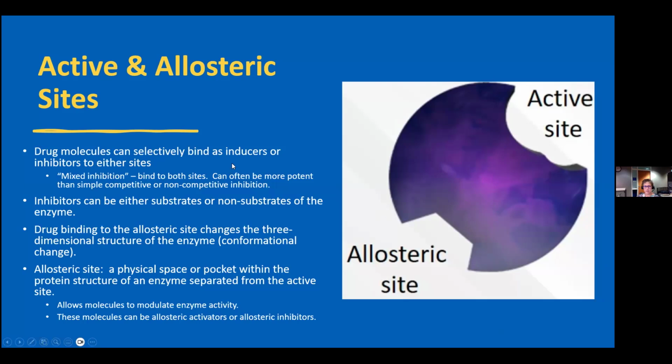So with drug-drug interactions through inducers or inhibitors, they can bind to either one of these sites to cause that impact. Inhibitors can also be substrates for this enzyme themselves, but they don't have to be. And drug binding to the allosteric site over here would result in a conformational change or a shape change to this enzyme overall, so that drug no longer can fit into the active site.